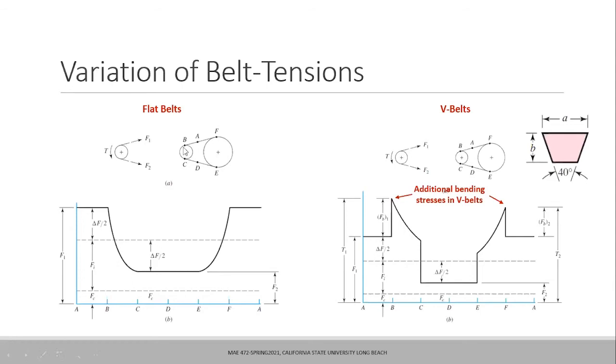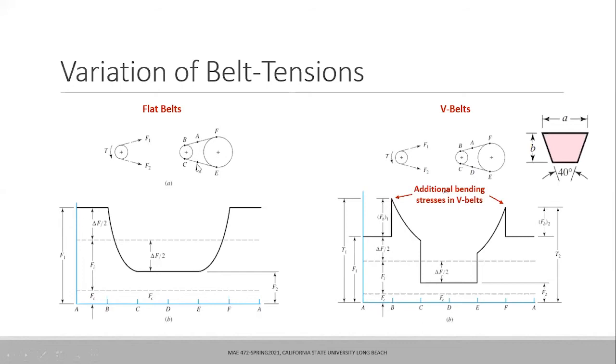Look at this point B, and you will see that at that point the belt has a specific amount of tension, which is given by F1, right? And based on the cross section of the belt, you can determine the stresses in the belt as well. Now if I look at point A, it has the same amount of force or tension, F1.